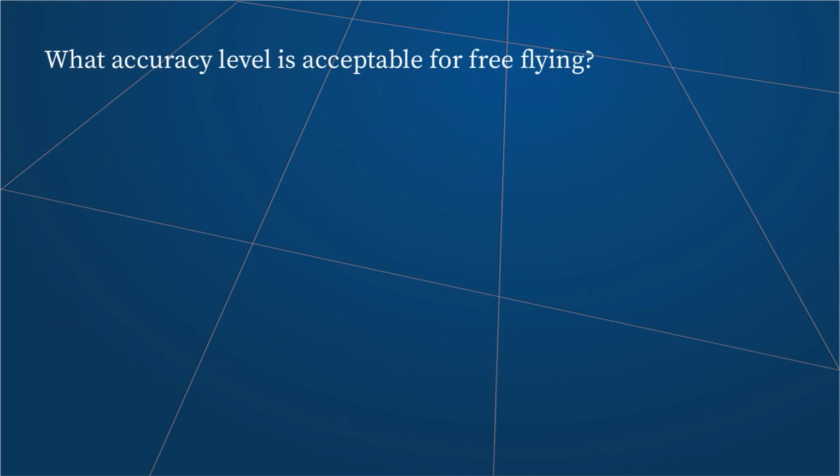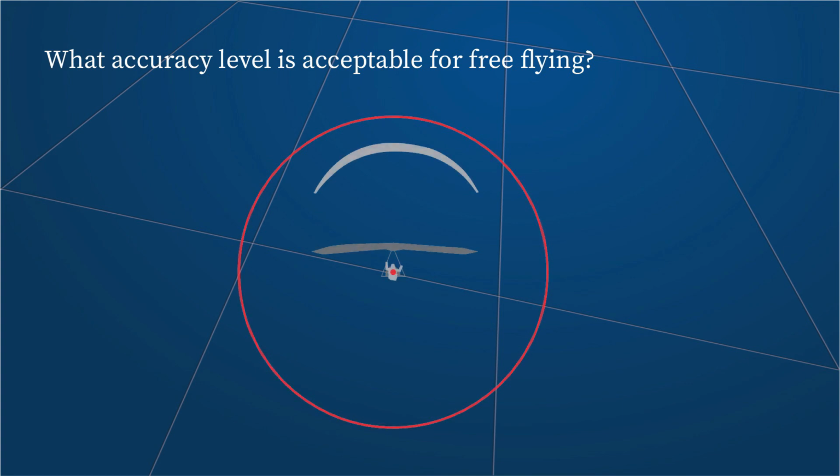Okay, but what is acceptable for free flying and for free flying competitions? My personal opinion on this is it should not be much smaller than the dimensions of our glider, and also it shouldn't be much larger than the distance we can travel normally in 1 second. And again, my personal opinion on this is that 10 to 12 meters is the optimal accepted accuracy level.